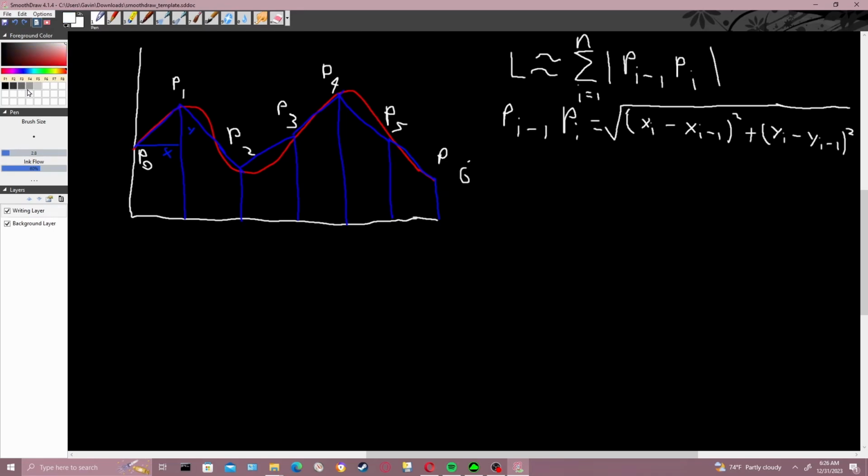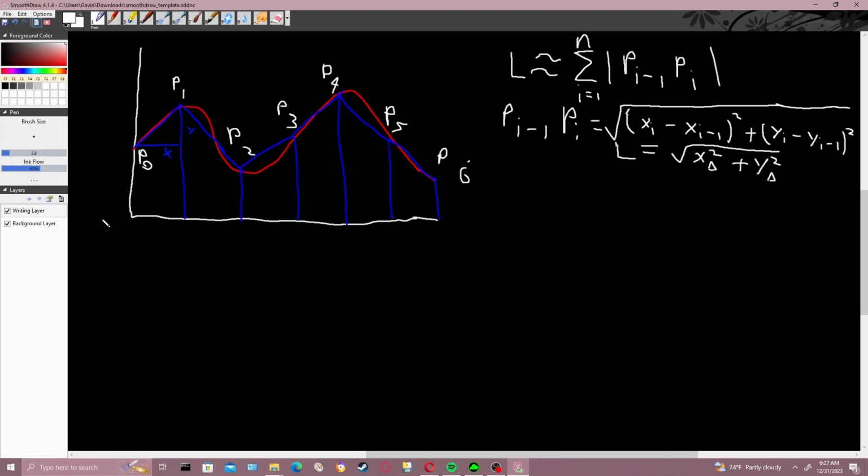But, yeah. This is our formula. We can simplify this right here by saying our change squared plus our change squared, and simply saying our length is our length.